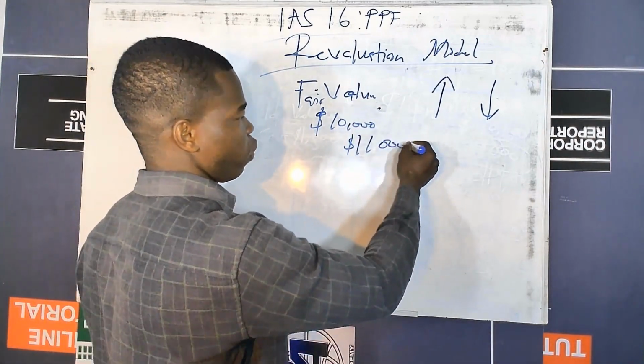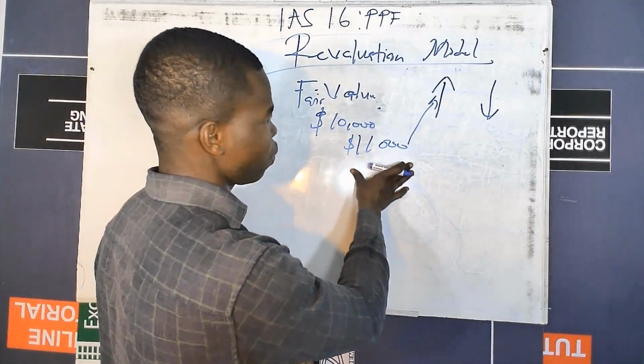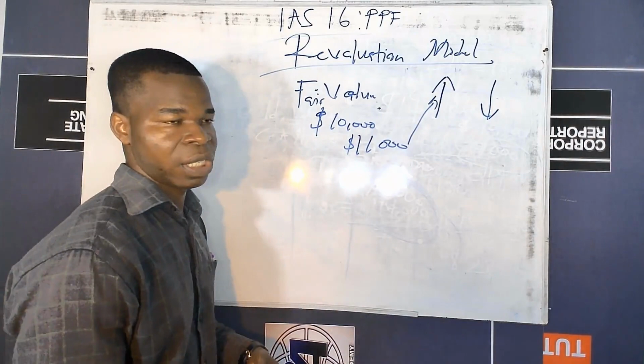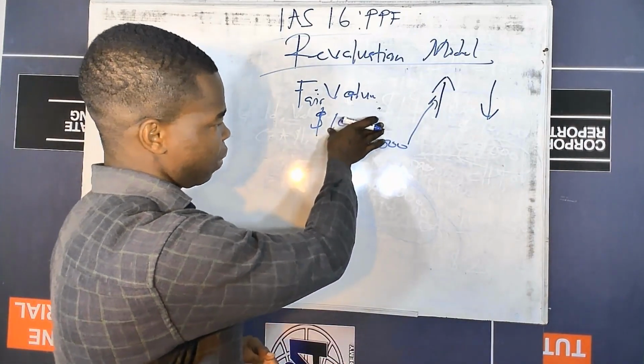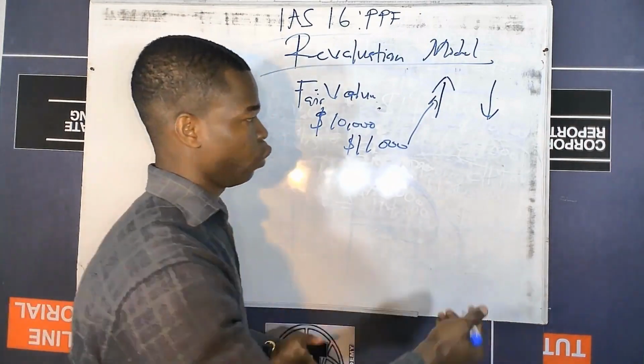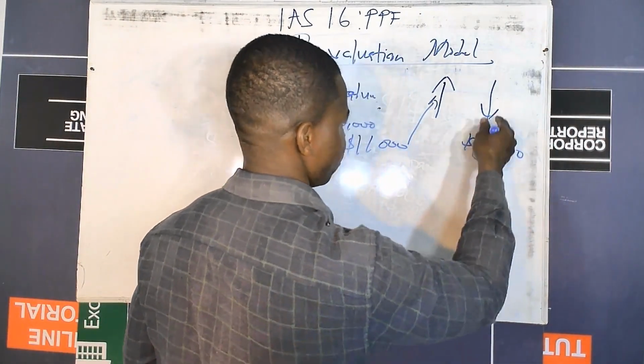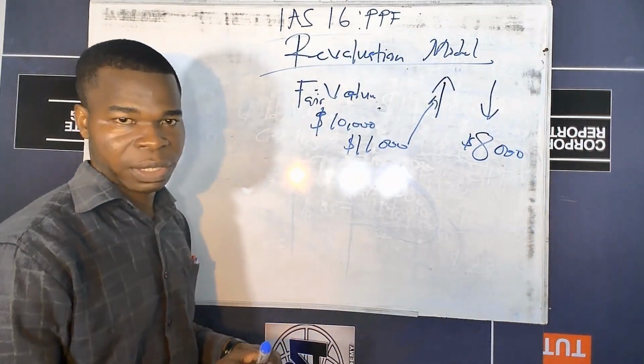So this one will be an upward revaluation. And then sometimes too, there will be downward revaluation. Let's say the asset cost 10,000, but it has been subsequently revalued to $8,000. So here there is a downward revaluation.